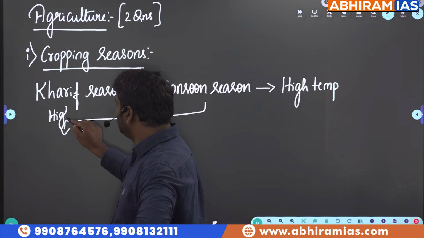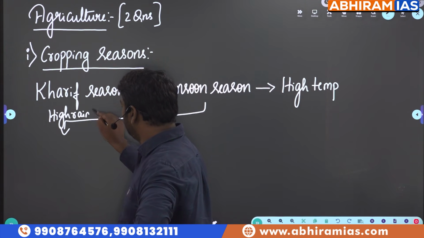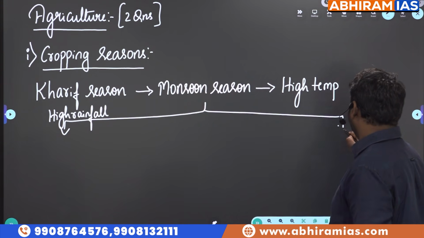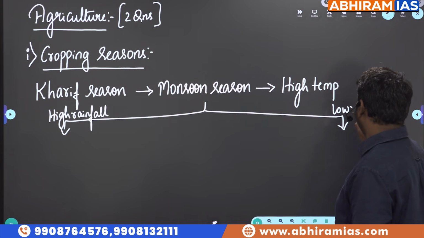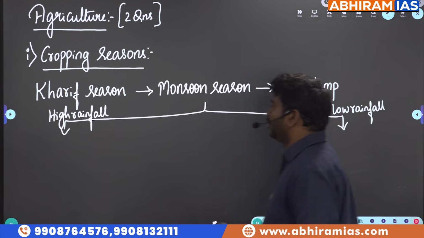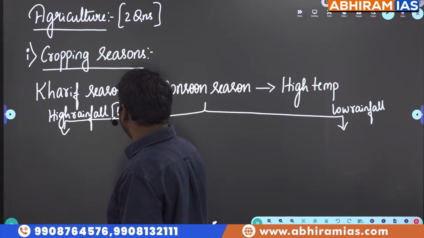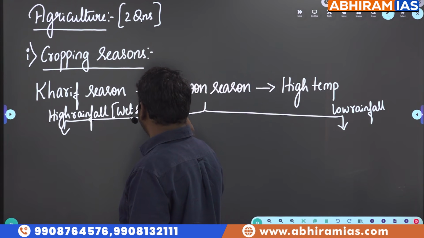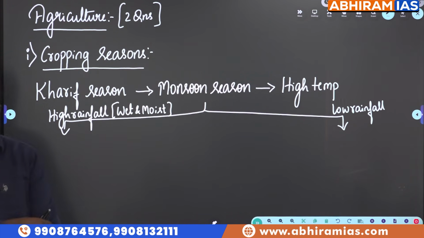In some areas, you will have high rainfall. In some parts, you will have low rainfall. High rainfall areas are wet and moist, right?